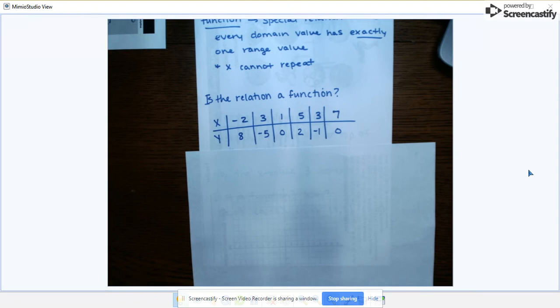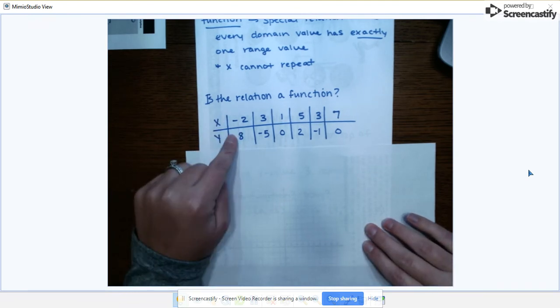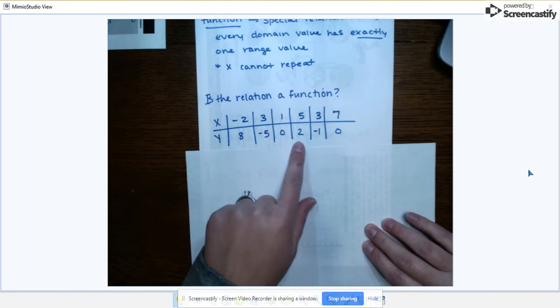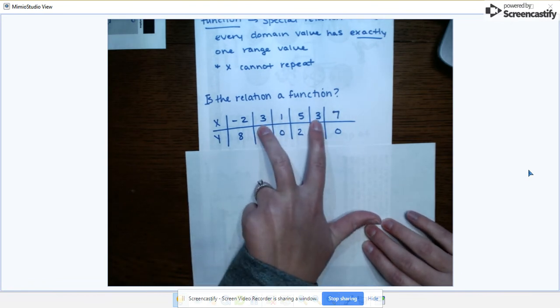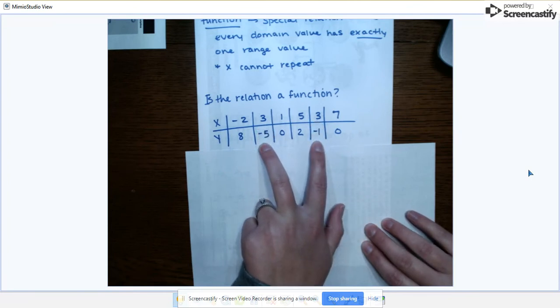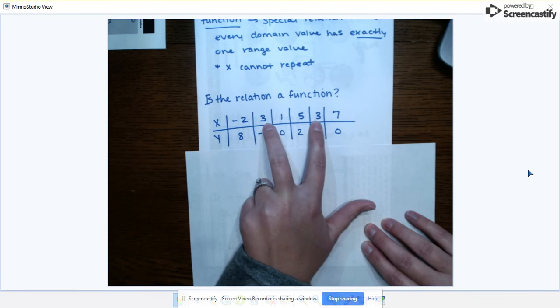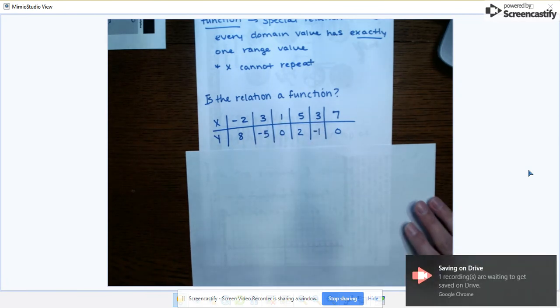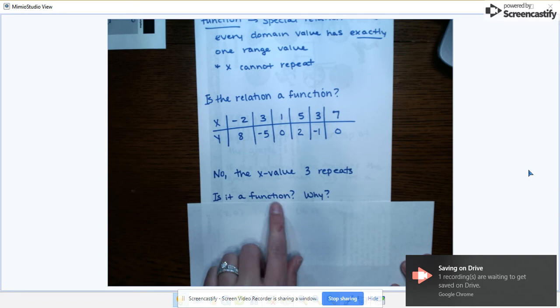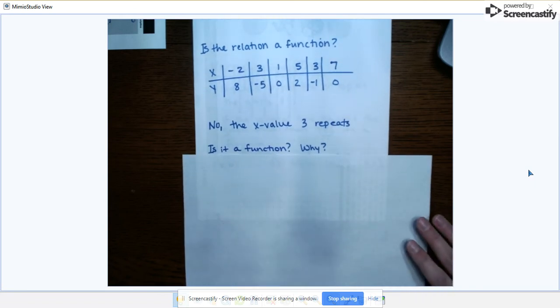We have to decide, is it a function also or not? Well, we're looking. Is every x value paired to one y value? Well, here I have x equals 3 two different times, but they have two different y values. So therefore, this is a relation but not a function because this x value repeats. Okay, we said x cannot repeat in a function, and here it repeats.